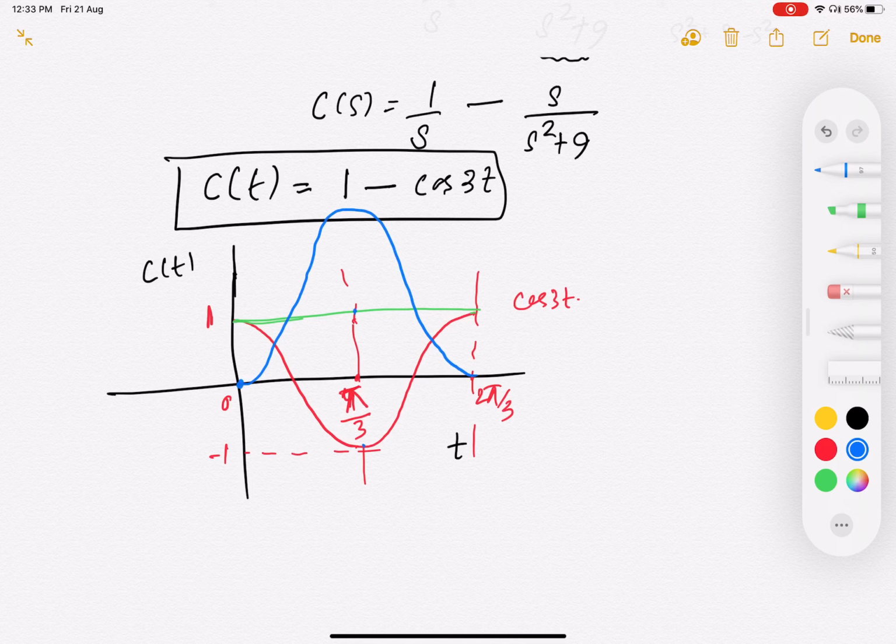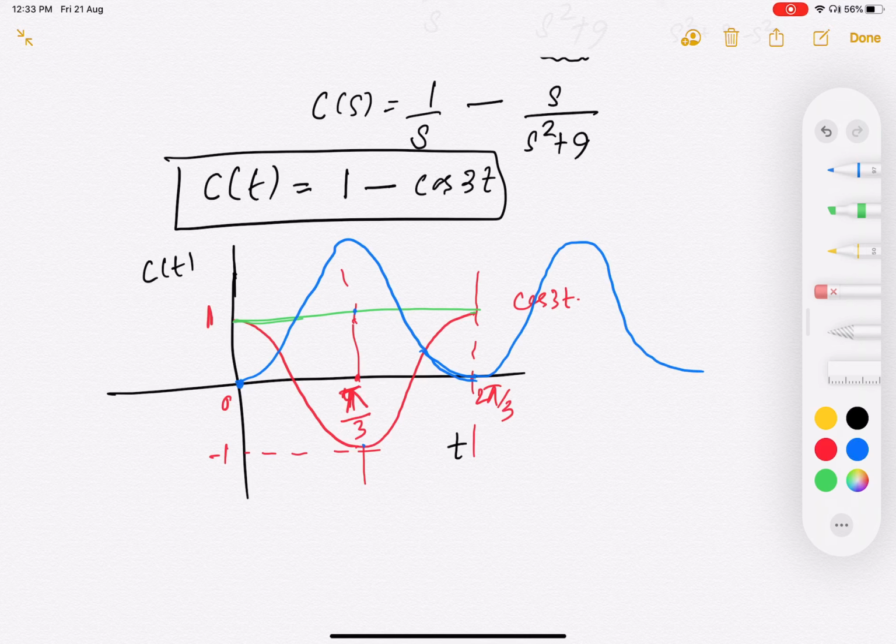So I'll get something like this. So this is my response.